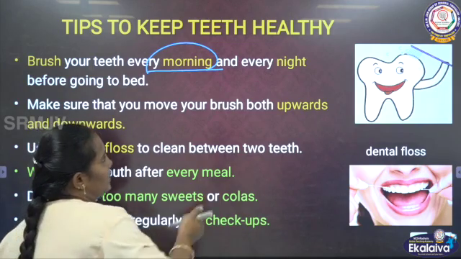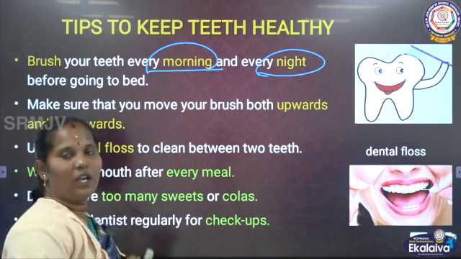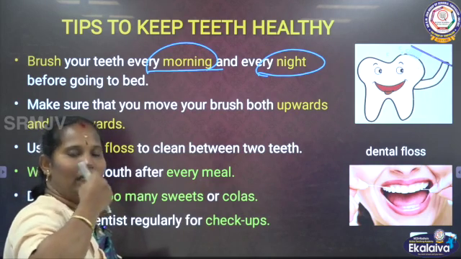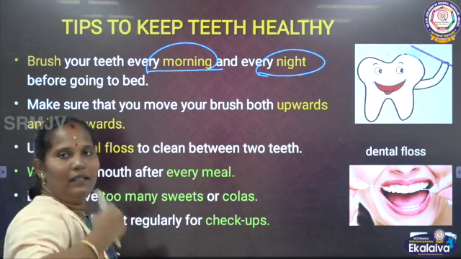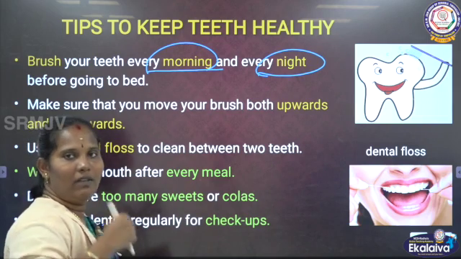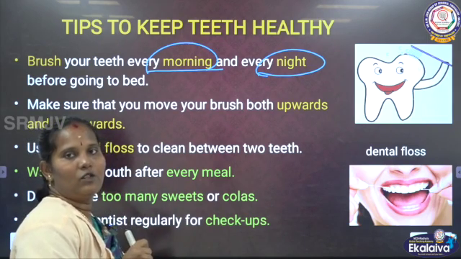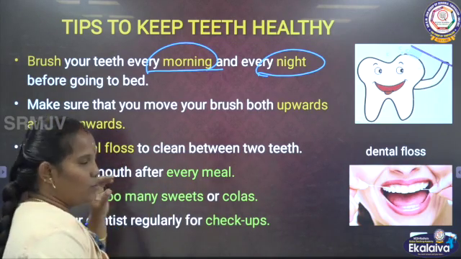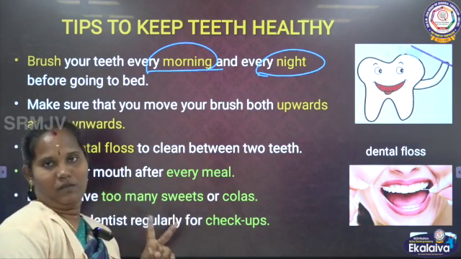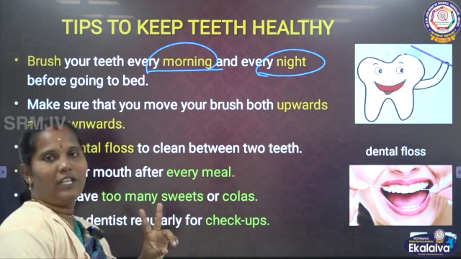And then at night before going to bed we have to brush, because we eat many things and they remain stuck in the teeth. While we brush we can remove all the remaining food particles, so bacteria cannot grow in the teeth. So we should brush two times, morning as well as before going to bed.